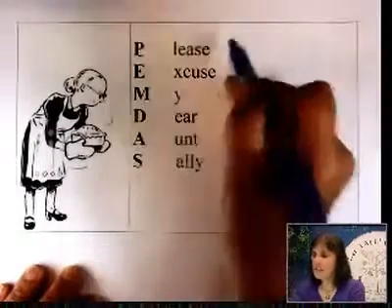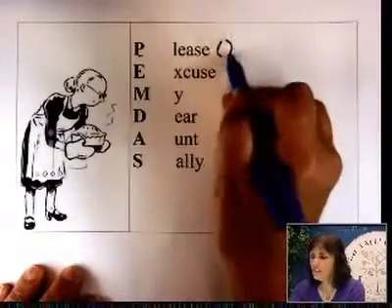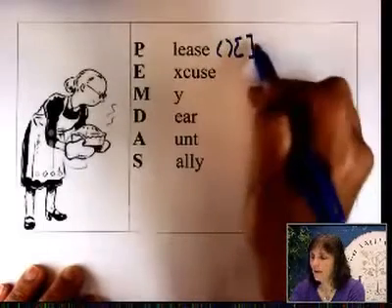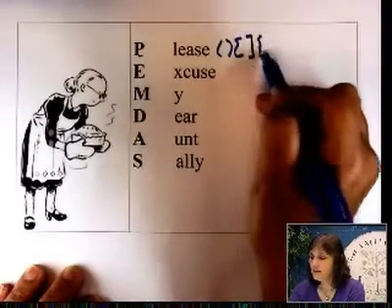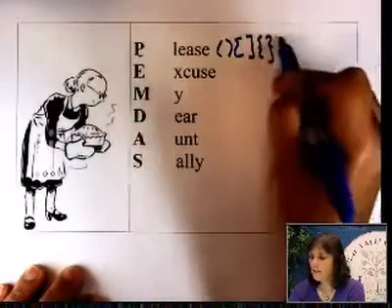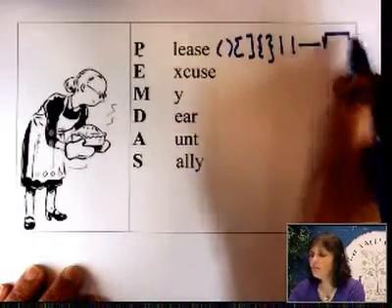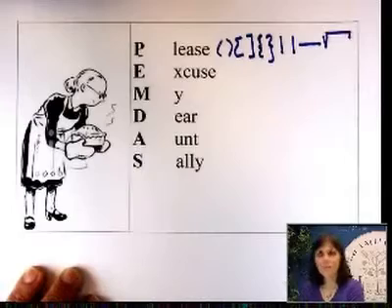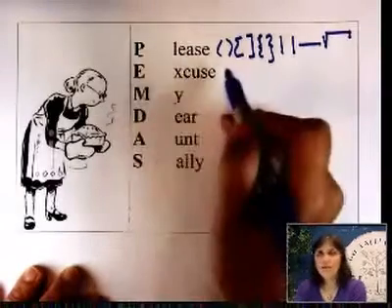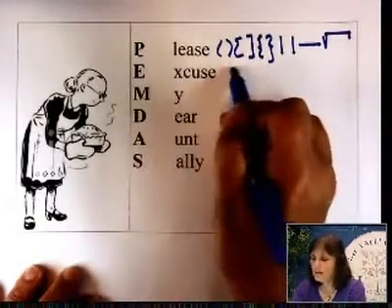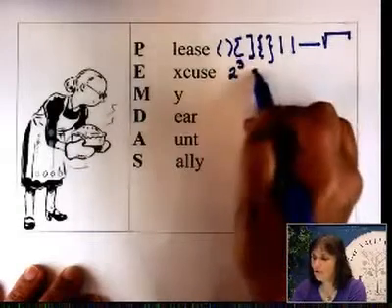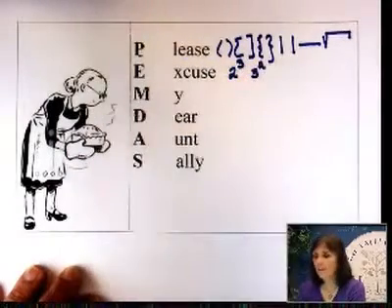P stands for parentheses, brackets, braces, absolute values, or fraction bars, or square roots, everything that is a grouping symbol. Excuse, E stands for exponents, things like this, 2 to the third power, 3 to the second power.